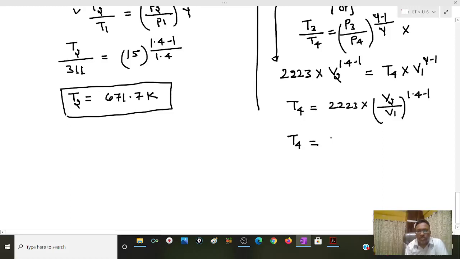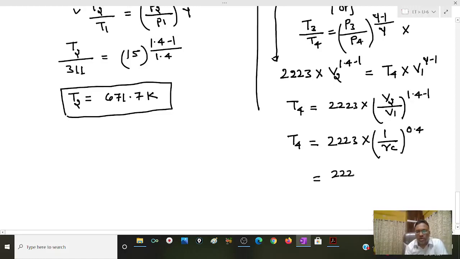Or T4 is equal to 2223, where V2 by V1 is nothing but the reciprocal of the compression ratio, 1 over rc, to the power 0.4.